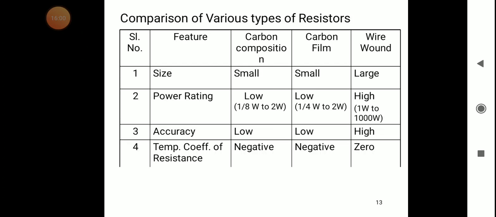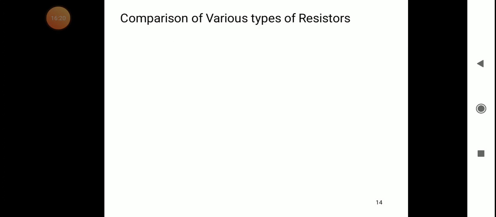The accuracy of carbon composition is low, carbon film also low, but wire-wound is high. The temperature coefficient of resistance is negative for carbon composition and carbon film, but for wire-wound the value is 0.